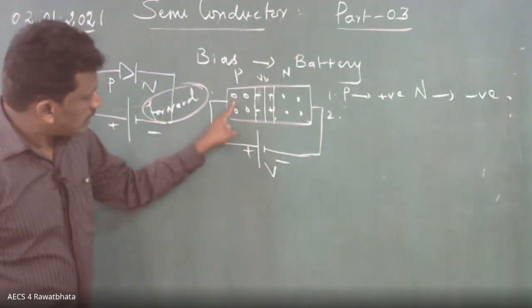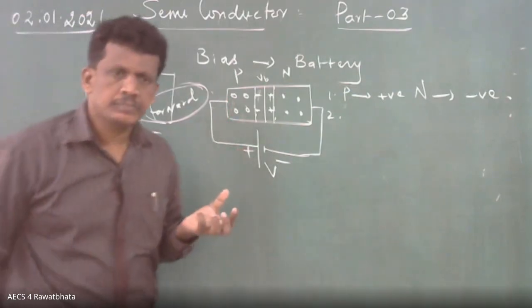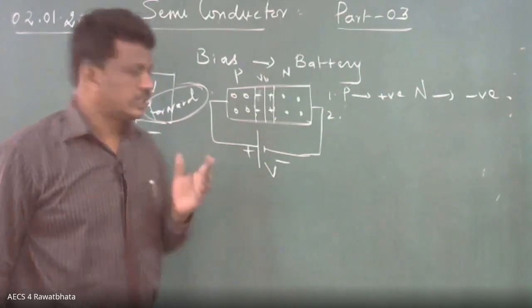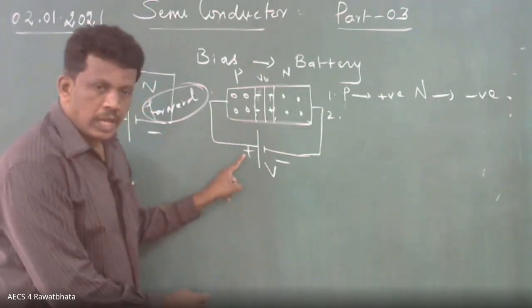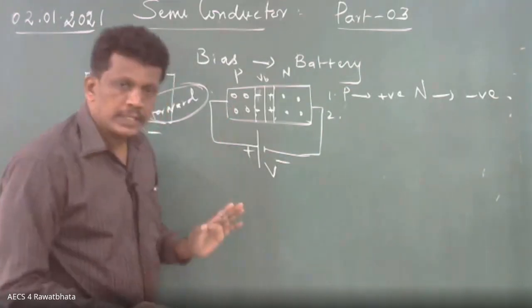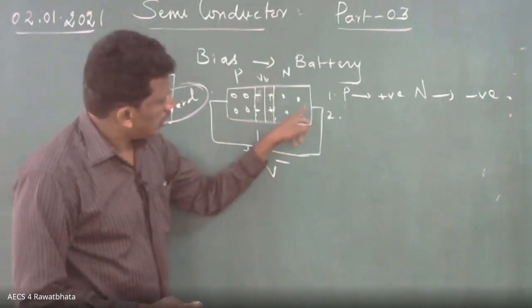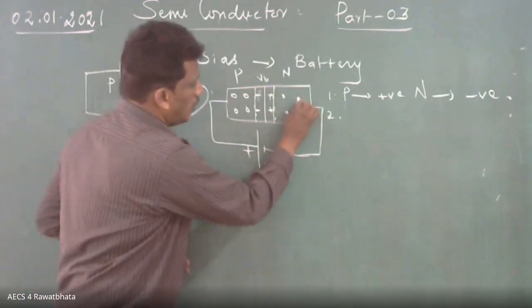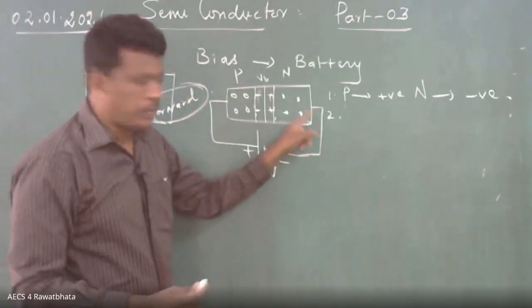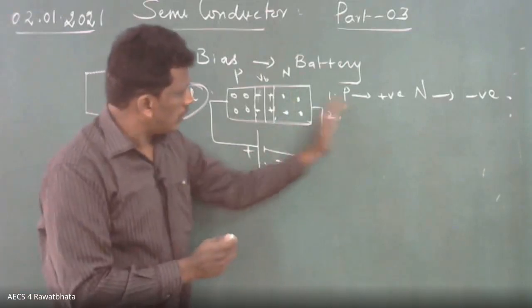What is the majority in P region? Holes. Here positive, positive, so they repel. In N region, the majority is electrons. Negative, negative, repel. So the positive will repel the holes, the negative will repel the electrons.